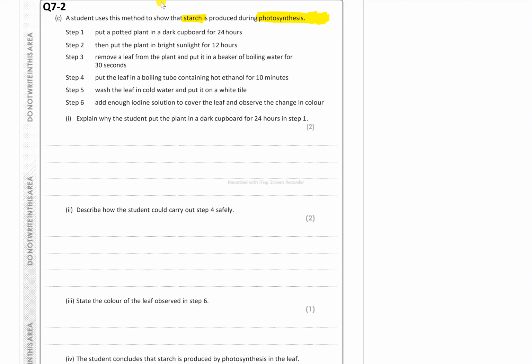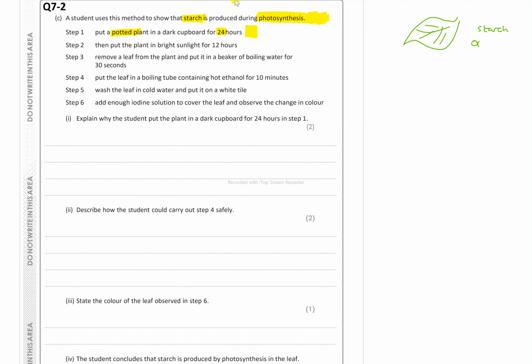So you put a potted plant in the dark for 24 hours. What that does is remove any starch. It destarches the leaf. There's your leaf, and it's got starch inside.